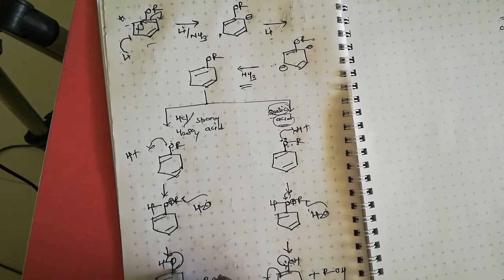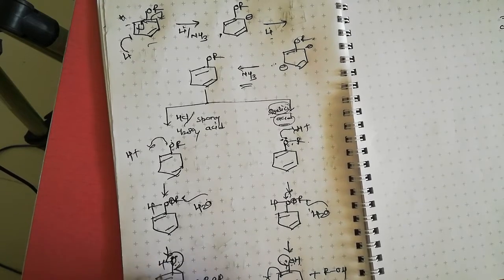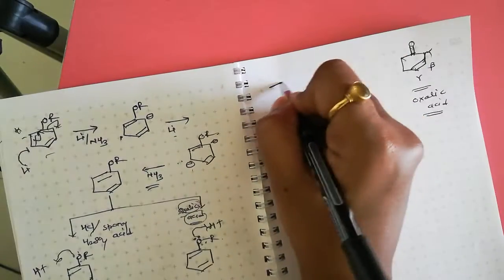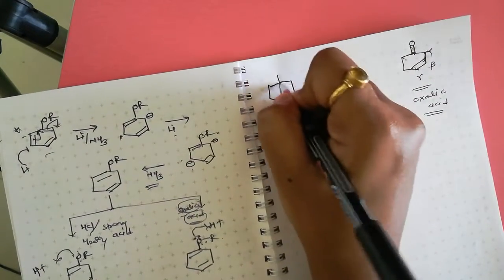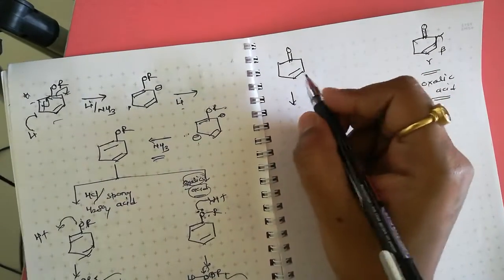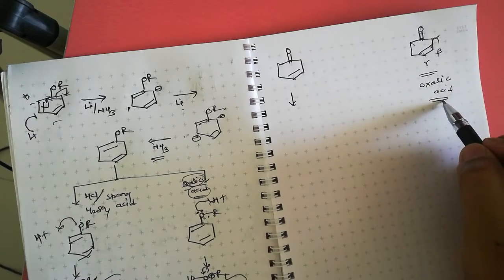Then this bond undergoes tautomerism. Here this bond takes this proton and we get this product.